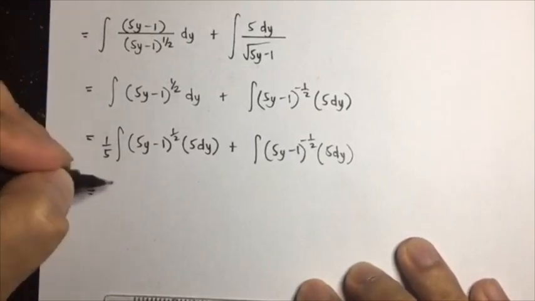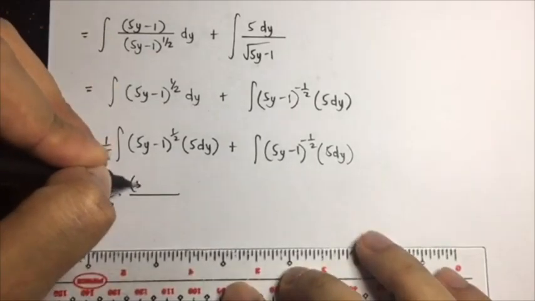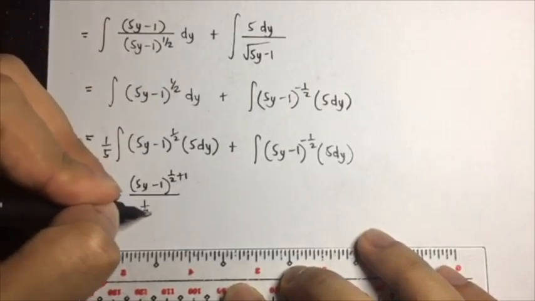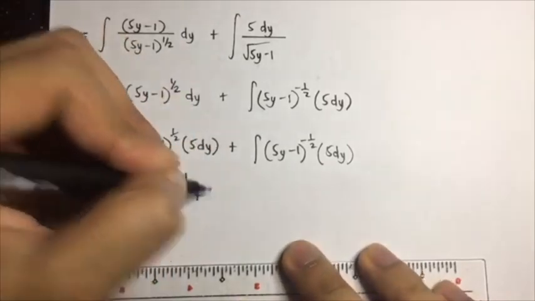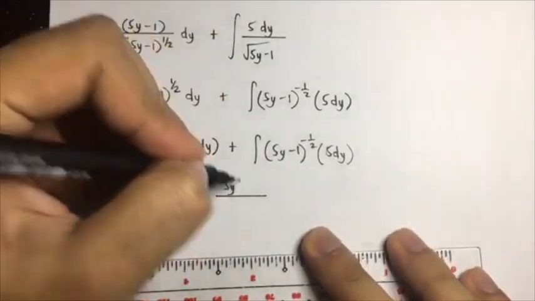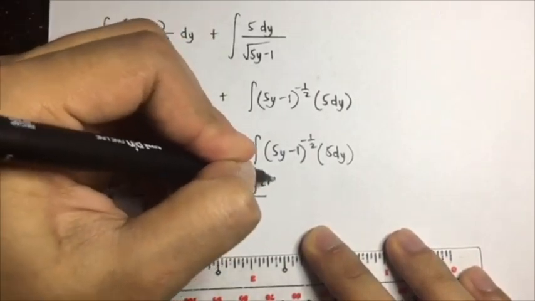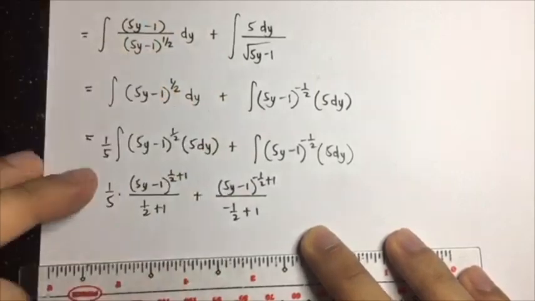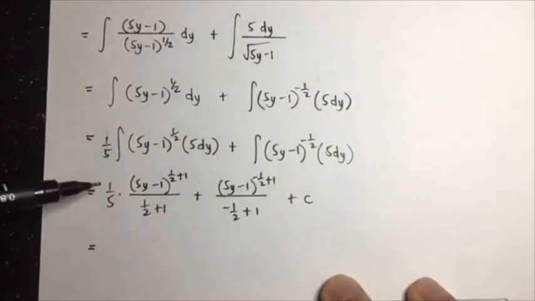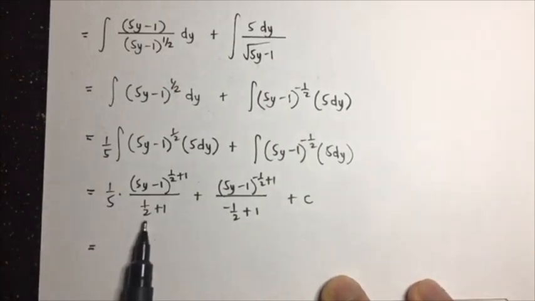So we will have 1/5 times (5y minus 1) raised to 1/2 plus 1 over 1/2 plus 1, and then plus (5y minus 1) raised to negative 1/2 plus 1 over negative 1/2 plus 1, and then plus c.